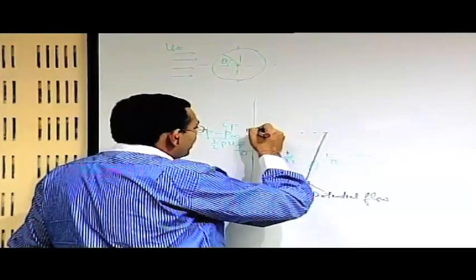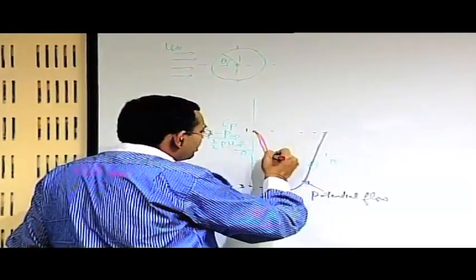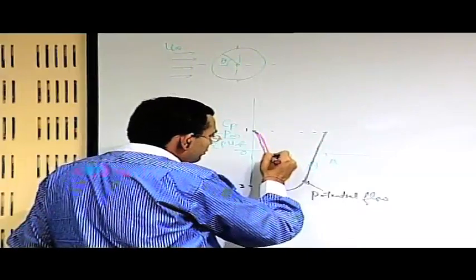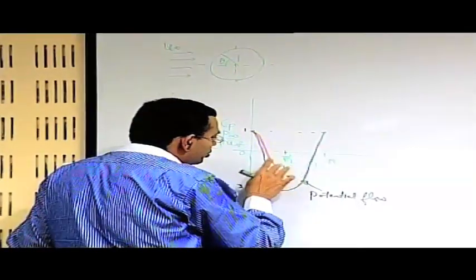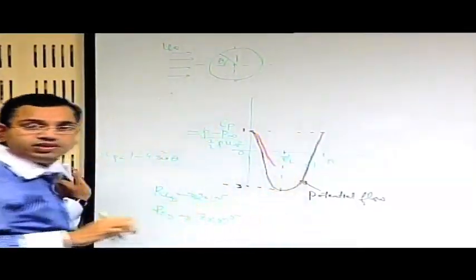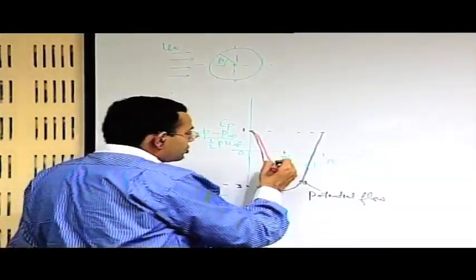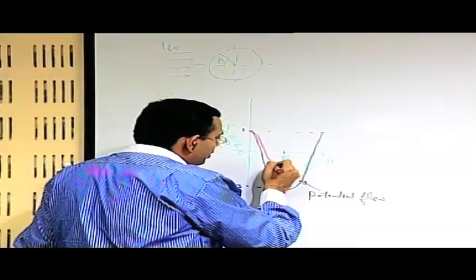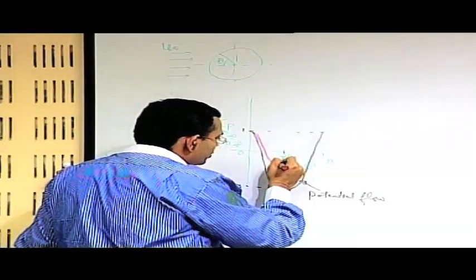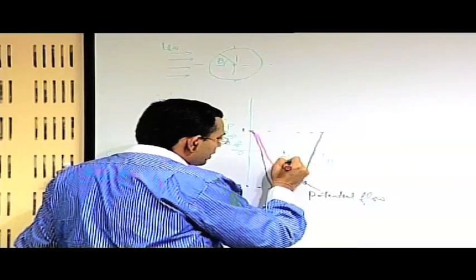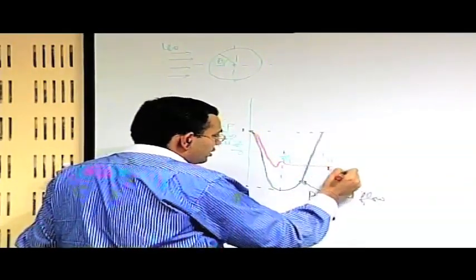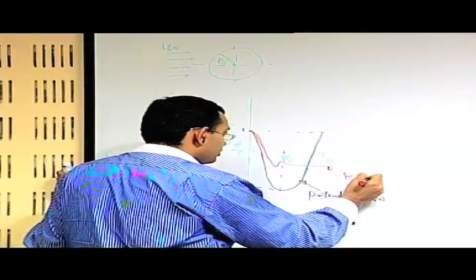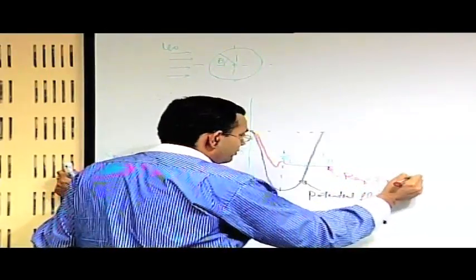Till the separation has occurred, it will not show a lot of deviation from the potential flow theory, but as it comes to a separation, it will show some sort of deviation from the potential flow theory. So this is Reynolds number equal to 2 into 10 to the power 5.